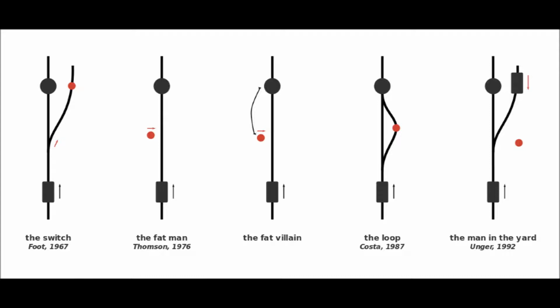In essence, meaning that with the loop and the switch, you have people that are already on the tracks, and they can't escape. And with the fat man, you have someone who's right next to the track. And with the man in your yard, you've got someone who's farther away. And a lot of people think that that really gets into unfairness in someone who isn't even involved in the situation to begin with getting killed.